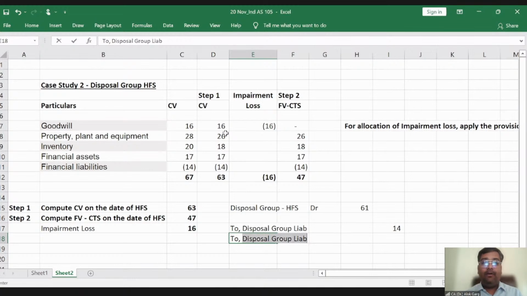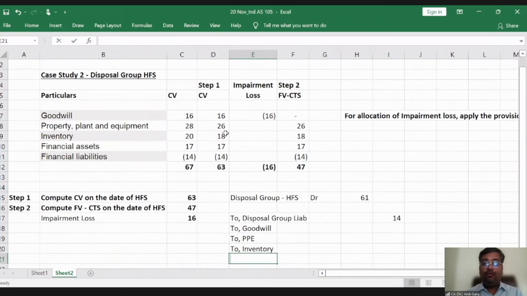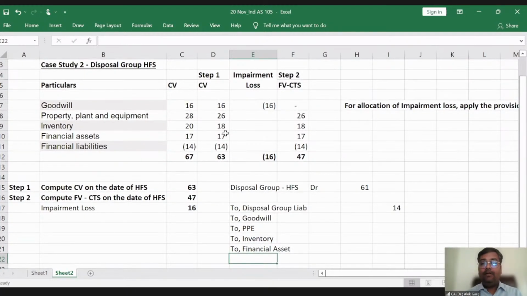What will be credited? Your credit will be all the assets: to goodwill, to PPE, to inventory, to financial asset. And the financial liability will also be debited.